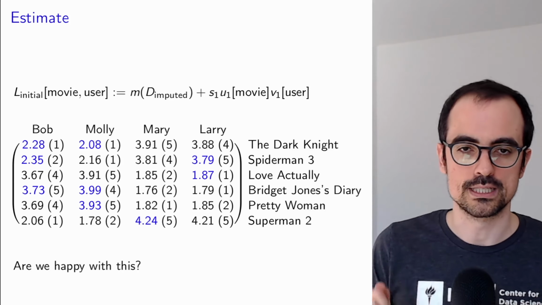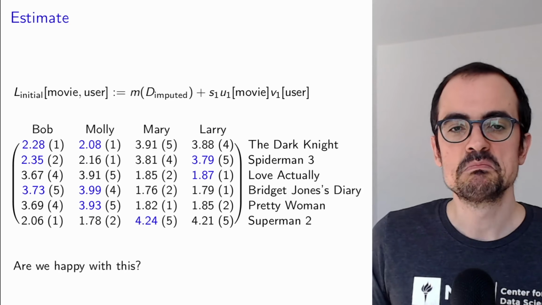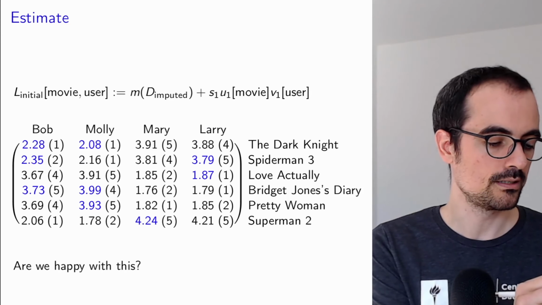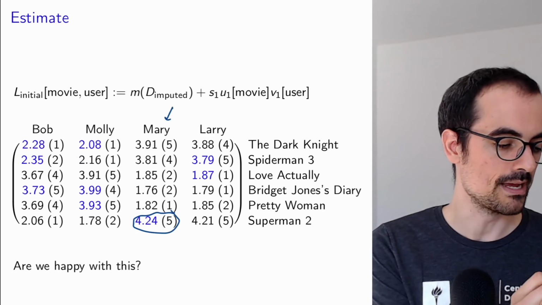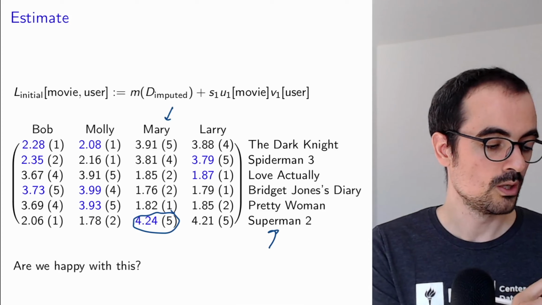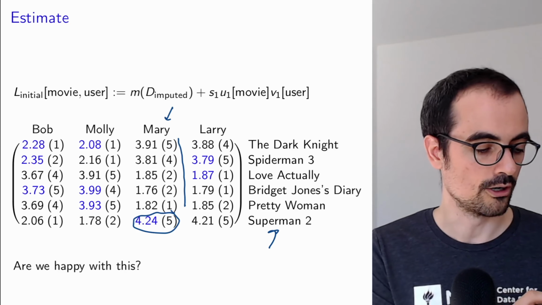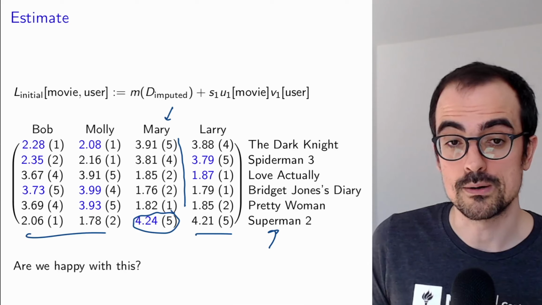Okay, so we compute that out, and what we observe is that it's not so bad. For example, here we get a pretty good estimate for the rating given by Mary to Superman 2, which perhaps is not that surprising because we have a lot of observed ratings for Mary and a lot of observed ratings for Superman 2.